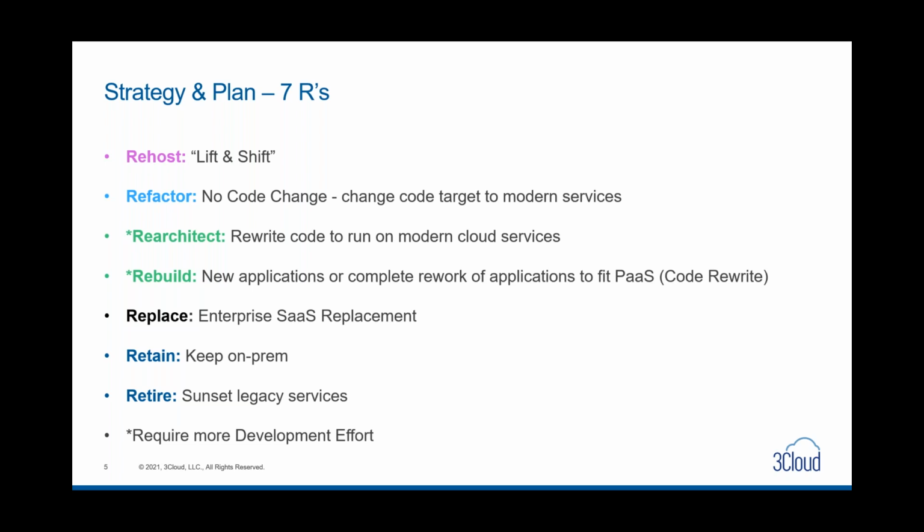Retain, if you think about that, those are maybe some of the anchors that need to be kept on-prem that can't go to the cloud, right? Maybe it's infrastructure that supports something local to where the business operates. Maybe it's a mainframe. Maybe it's something that's legacy that we can't really move because it's not compatible. Those are things that end up staying on-prem if we're going to keep that around.